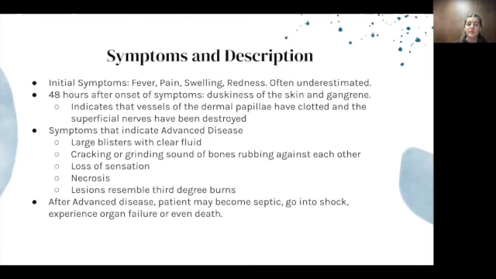You have large blisters with clear fluid, and you might have cracking or grinding sounds of your bones rubbing against each other because of a lack of tissue left. You also have loss of sensation and necrosis, and lesions on your skin will resemble third-degree burns.